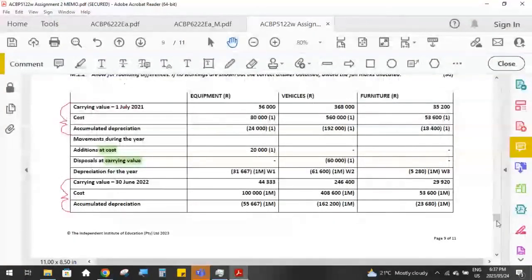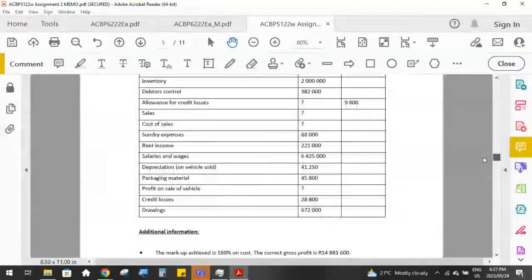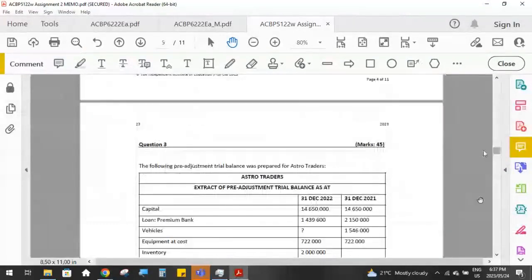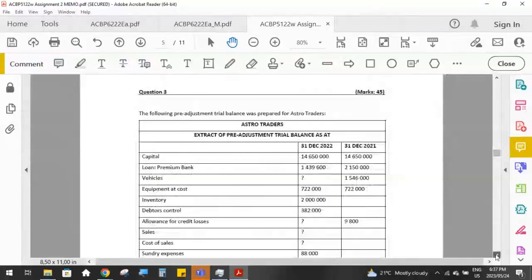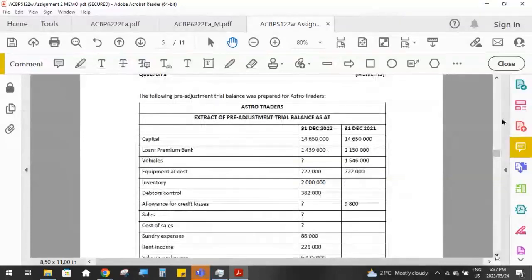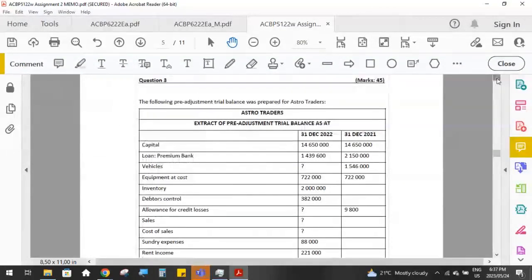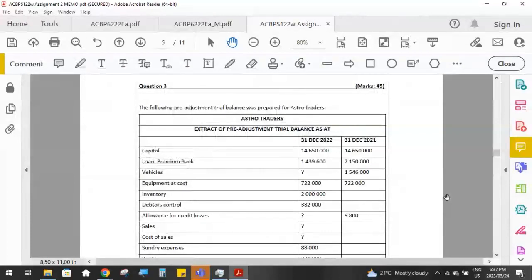So again, let me just go back to the question. This is quite a long question, so I'm not going to try and go through every single bit of the workings, because it'll be difficult to refer back to the question paper and the answer, but I will do my best to give you as much information as possible as to what the workings were to get the answers to each of the line items.